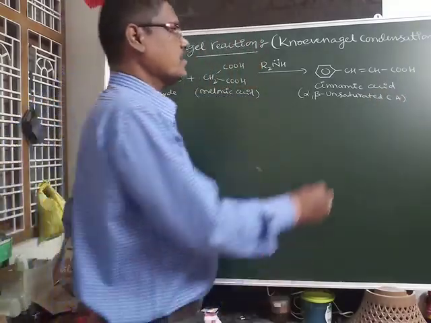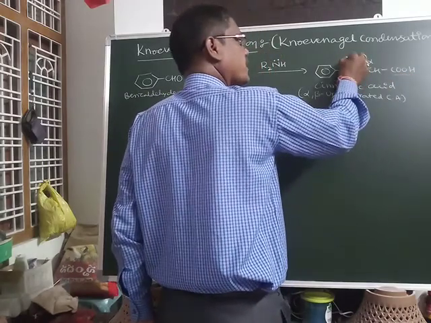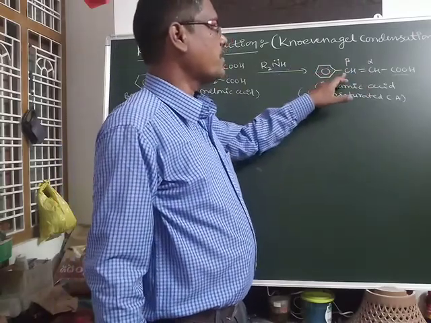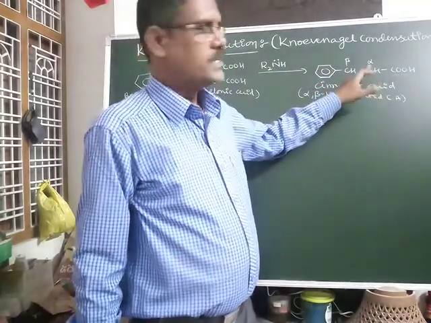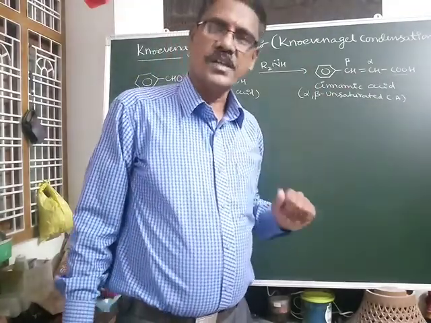Why? Because this is the functional group. This carbon is the alpha carbon, this carbon is the beta carbon. In between the alpha carbon and beta carbon there is a double bond. That's why it is called alpha beta unsaturated carboxylic acid.